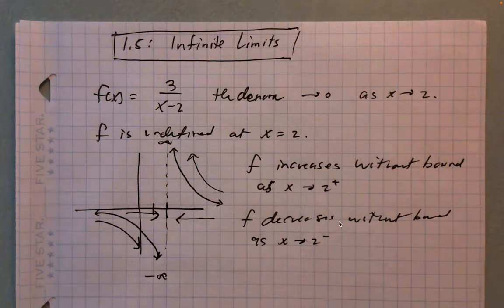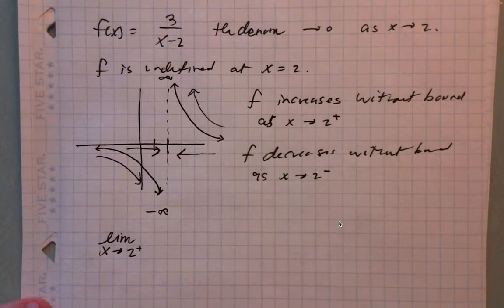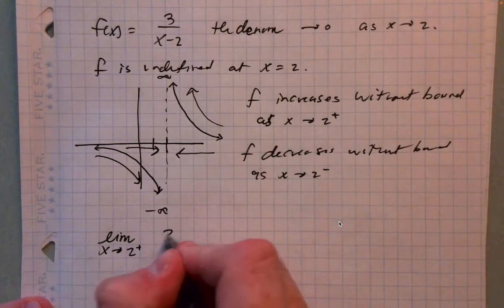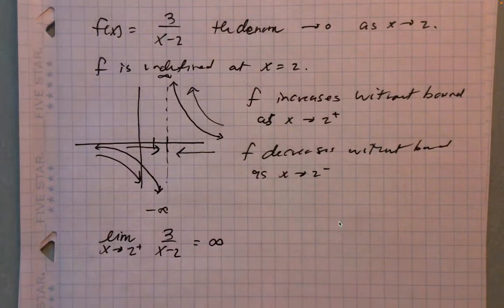And so the point of this section is that we can denote this behavior using the limit notation. And so what we'll write here is that the limit as x approaches 2 from the right-hand side of 3 over x minus 2, we say that limit is equal to infinity.